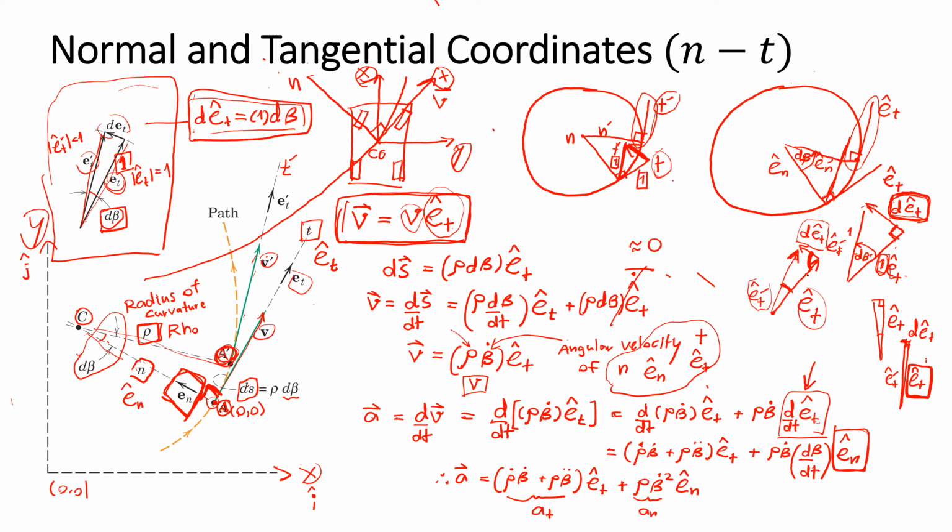But if the time difference is very small, and this angle is very small, these two lines almost become the same line. When the time is very small, the line almost becomes the same line.